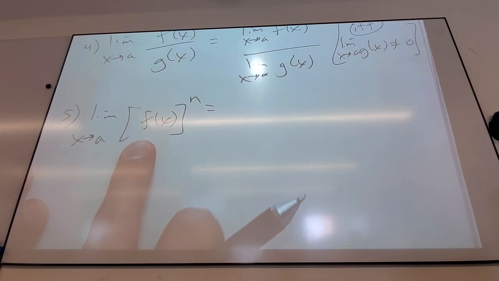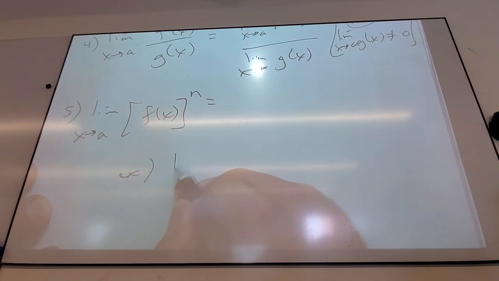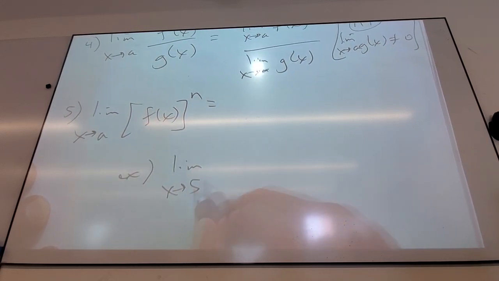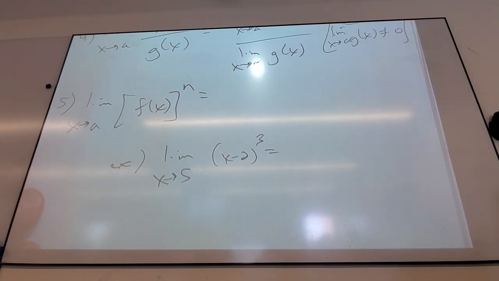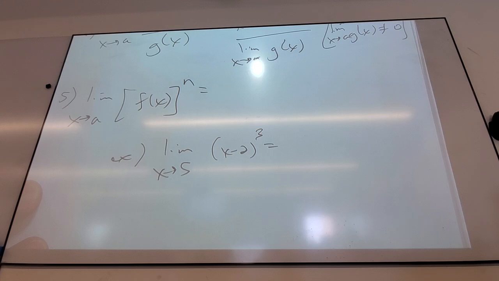So, what do you guys think about this? For example, what's the limit as x goes to 5 of x minus 2 cubed? What's that limit? 27, right? So what did you do?